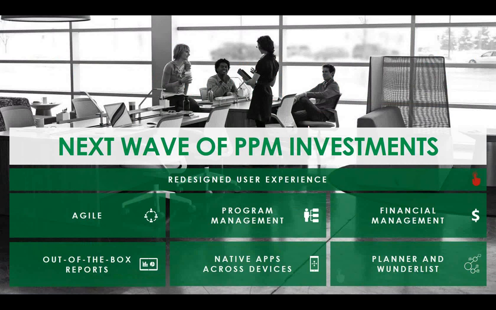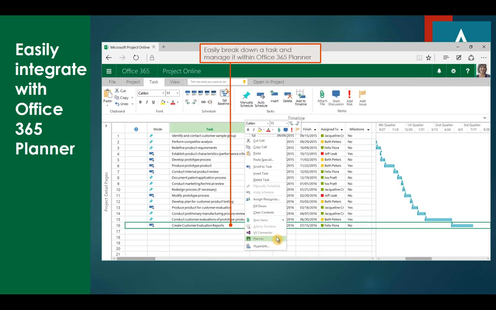And then in the lower right, we see Planner and Wunderlist as a nod to the approach that we're talking about today. We're not here yet, but the expectation is that we're going to have easy integration between Project Online, and here we see a view that we don't exactly have yet today for managing our detailed project schedule in the Project Online tool, but the expected capability to right-click on a task and drill into a plan in Planner or into a plan in Visual Studio.